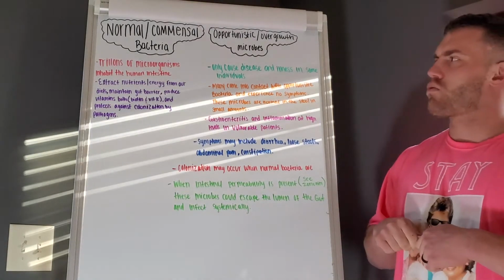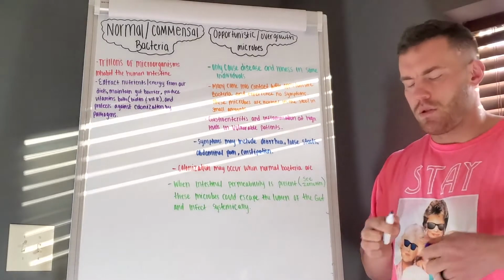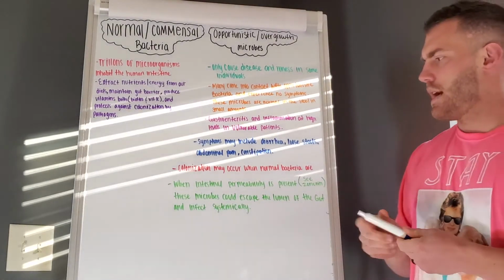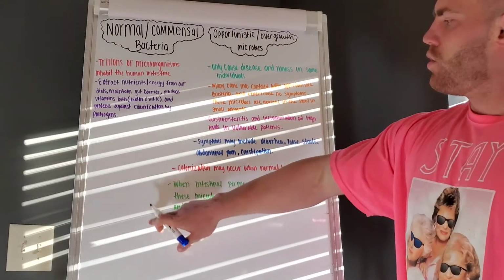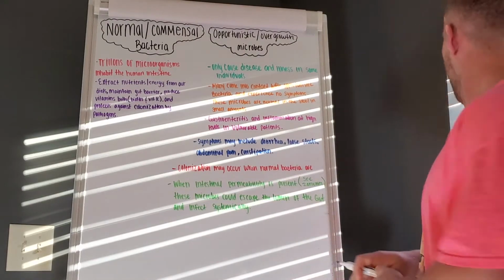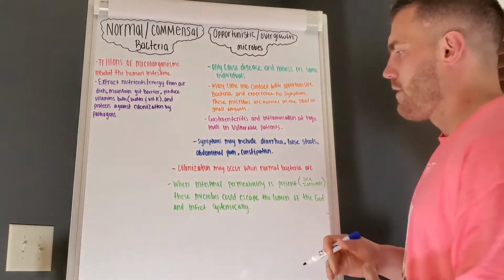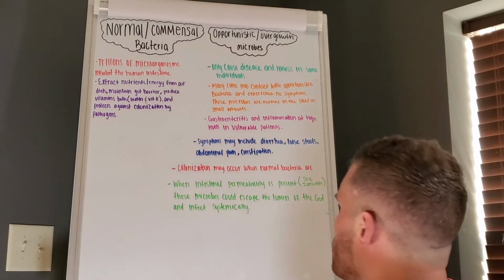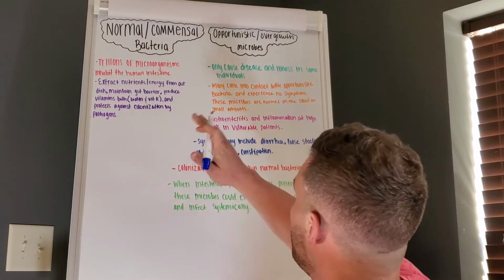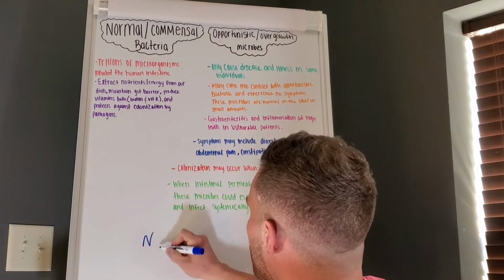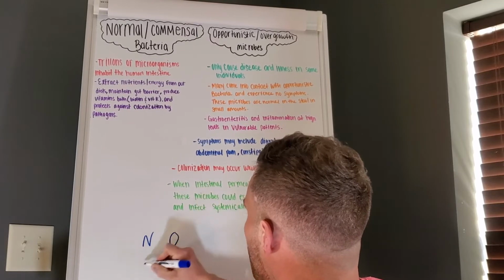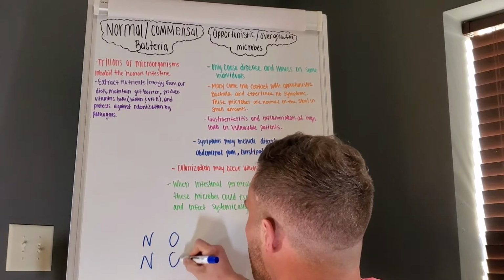So I talked about ratios and some instances that we could see. I'm going to put those down. We'll have normal and dysbiotic, so we may see a few different instances. Here, I'm going to just put N and O, not nitric oxide.